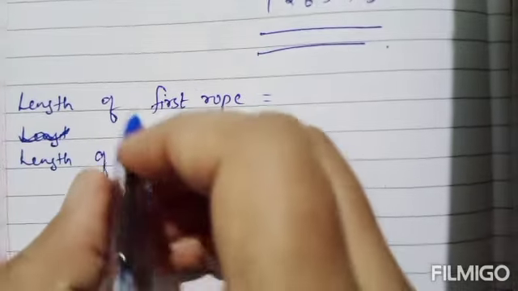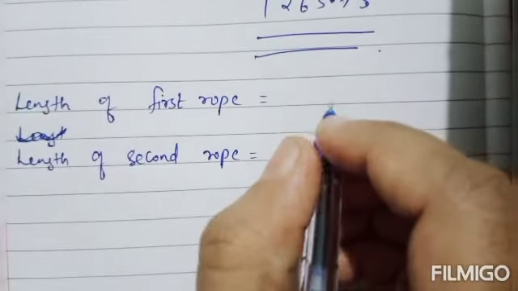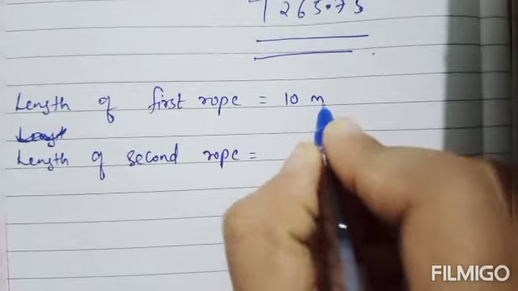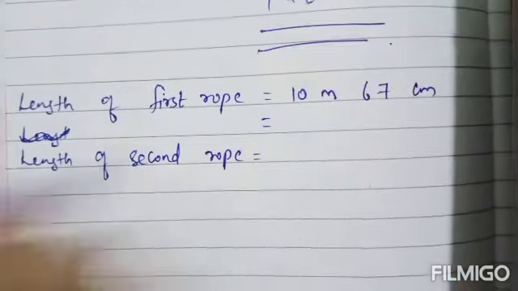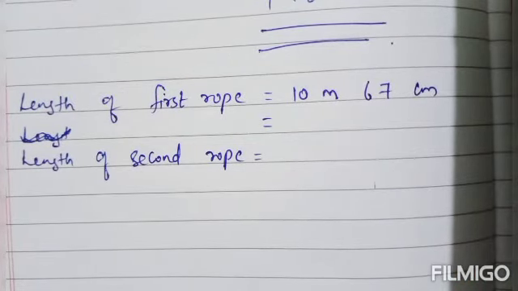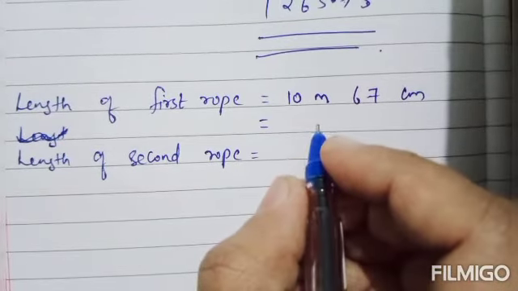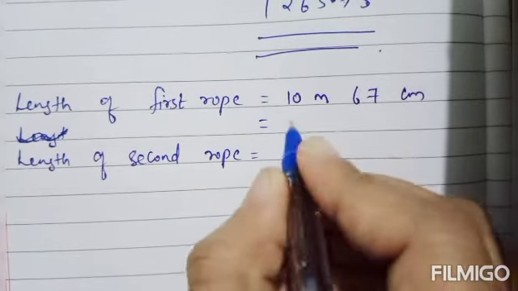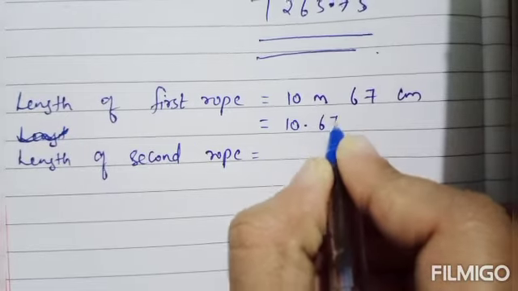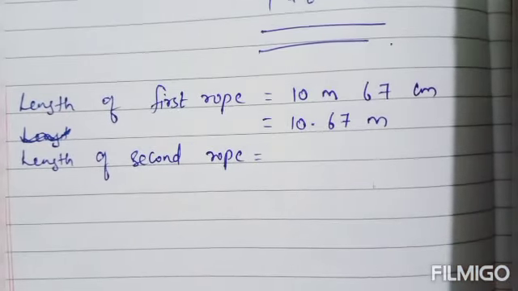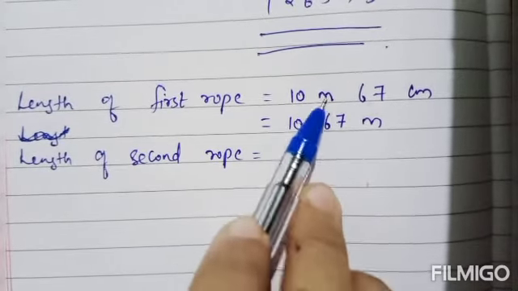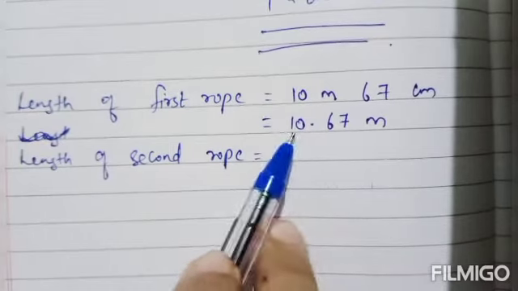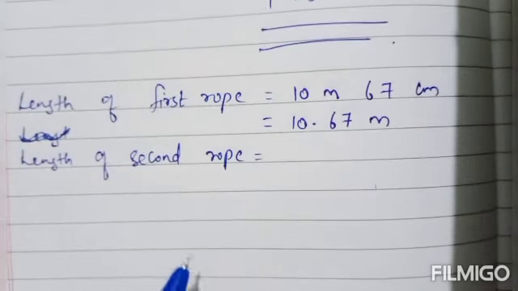Okay, so length of first rope, it is given 10 meter 67 centimeter. So how you can write this in decimal form? You can write 10.67 meter. Okay, in decimal form you can write 10 meter 67 centimeter, it is 10.67 meter.